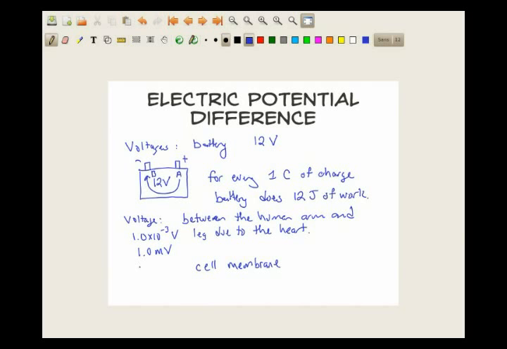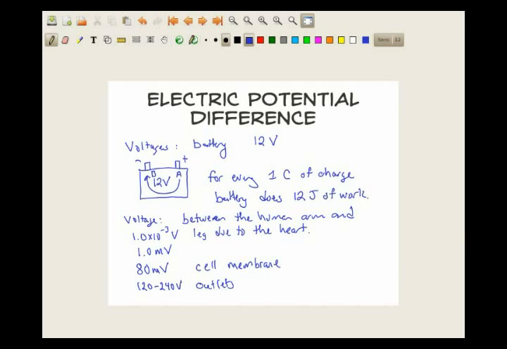And the voltage responsible there is typically about 80 millivolts, so much larger than the tiny voltage between your arm and your leg due to your heart's electrical activity. Flashlight batteries, 1.5 volts, car batteries, 12 volts, electrical outlets, your outlets on the wall. Those are, depending on what country you're in, 120 to 240 volts.